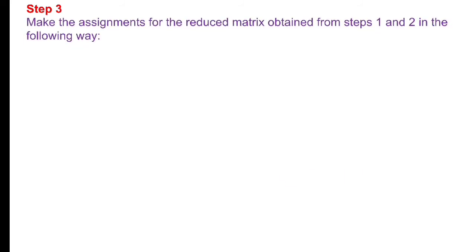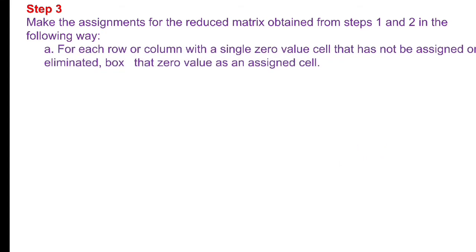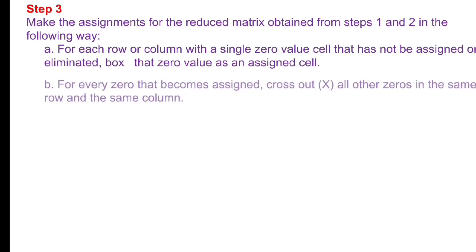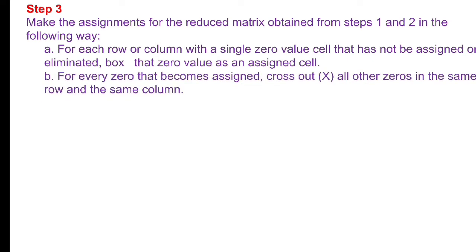Step 3. Make the assignment for the reduced matrix obtained from step 1 and step 2. In the new table, for each row or column with a single 0 that has not been assigned or eliminated, mark that 0 as an assigned cell. For every 0 that becomes assigned, cross out all other zeros in the same row or column.